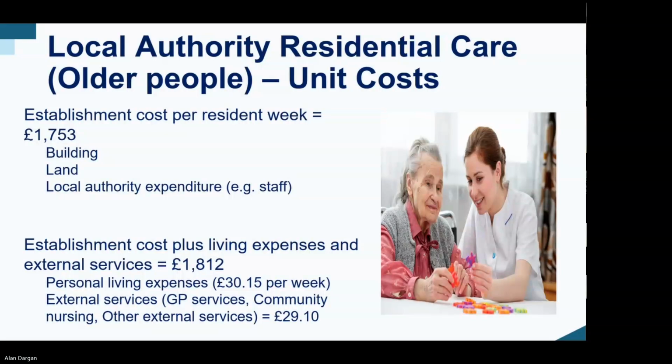So in terms of what we do in the programme, we estimate unit costs for health and social care services. If we take residential care for older people in 2025, our last year's estimations would have been based on 2024 data.